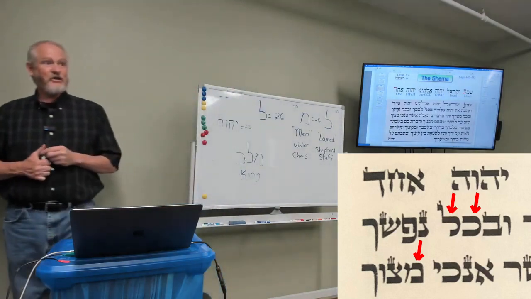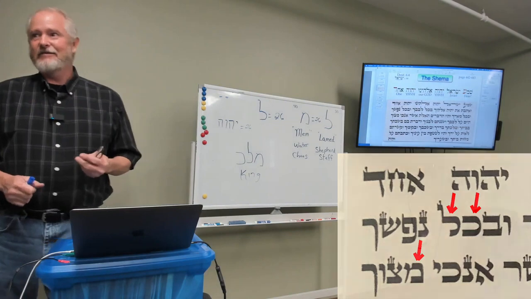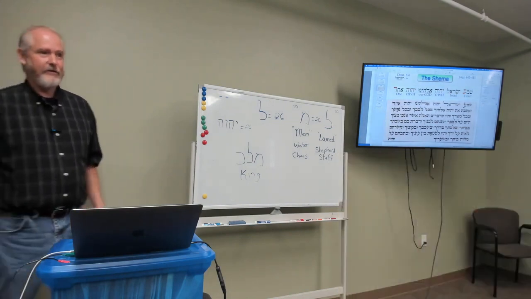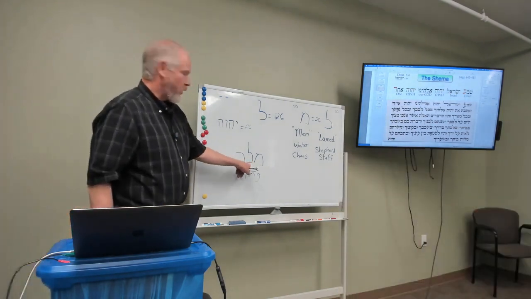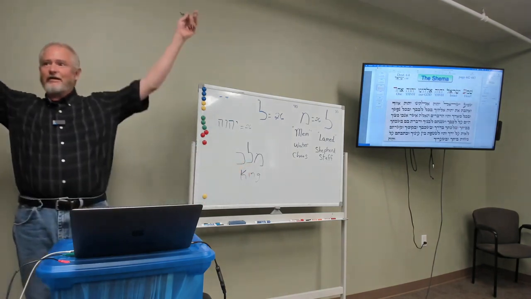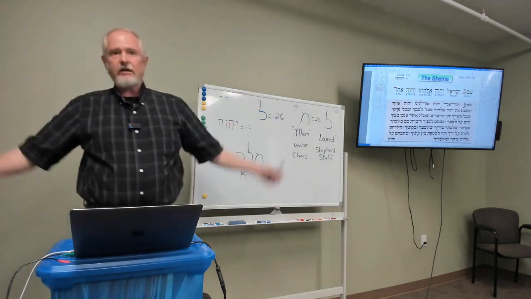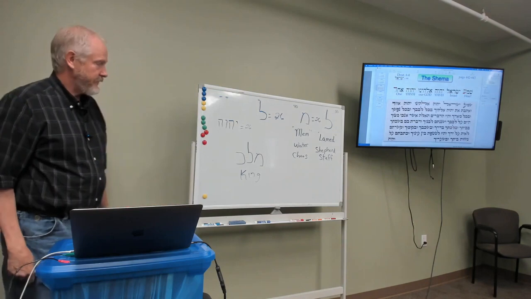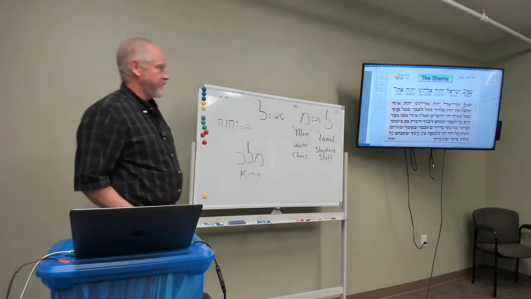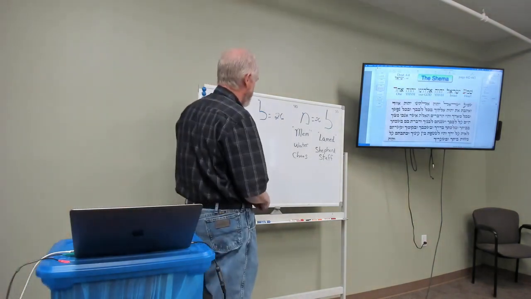Now, that sits in the middle of the Aleph Bet, with the only letter that sticks above the line sitting there making this whole thing obvious. There he is. I mean, he is the king.